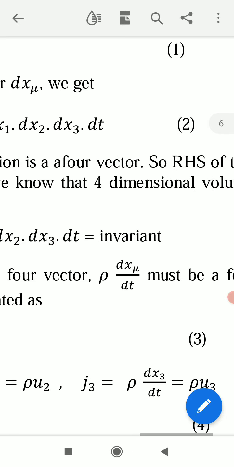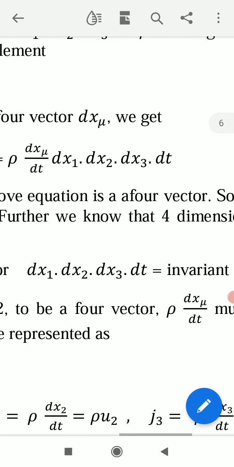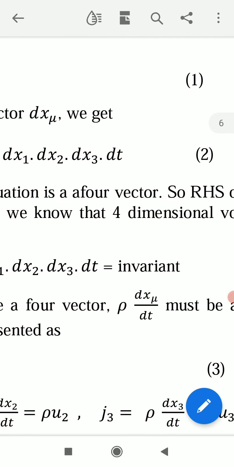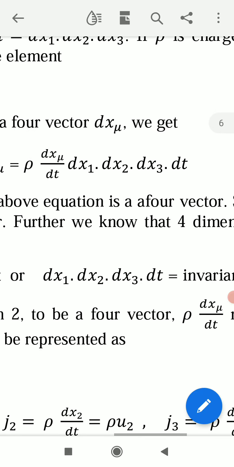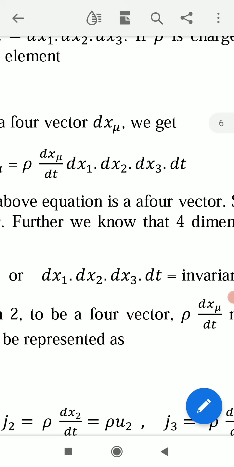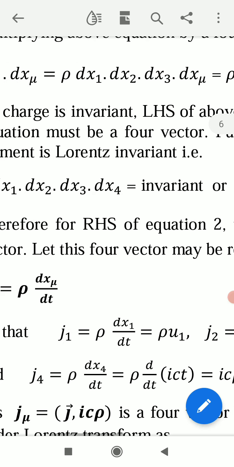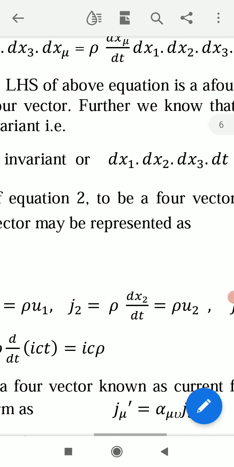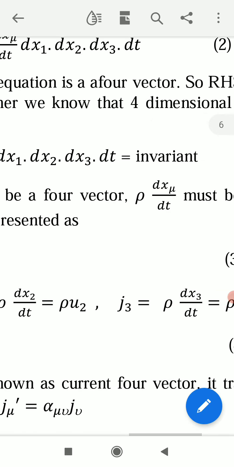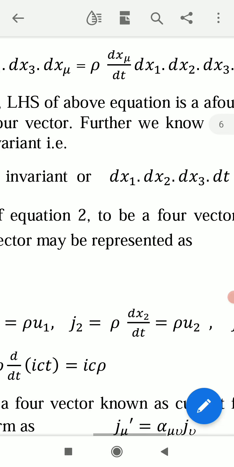So in this equation 2, in the right hand side, the term dx1, dx2, dx3 into dt is Lorentz invariant. So the remaining term in the right hand side, that is rho dx mu upon dt, must also be Lorentz invariant. Therefore, for the right hand side of equation 2 to be a 4 vector, rho into dx mu upon dt must be a 4 vector.